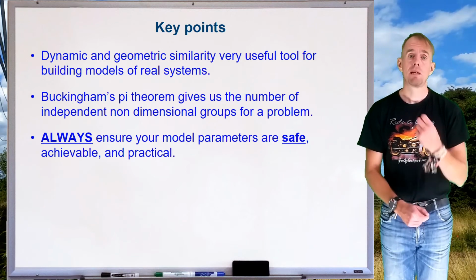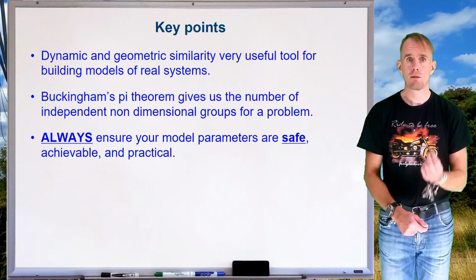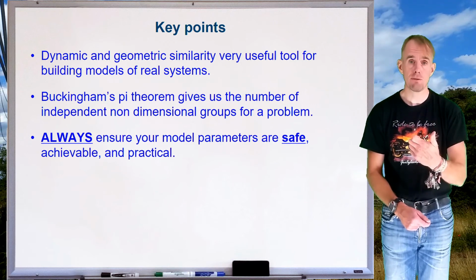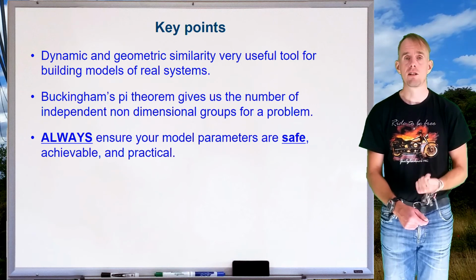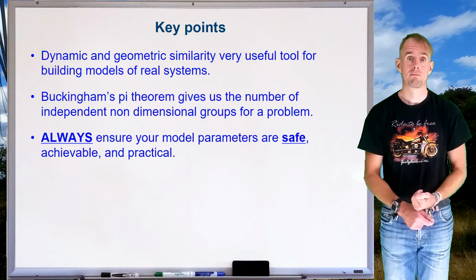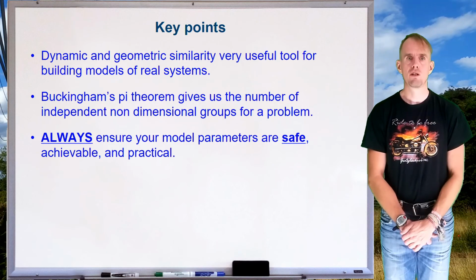Now, big key point. Always critically assess the values that you've calculated for your parameters for your model. Are they safe? Are they physically achievable? Are they practical? Is it cost effective? If you can answer yes to all 4 of those questions in that order, then you can go ahead and build it.